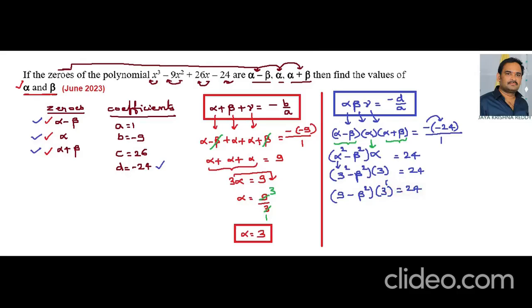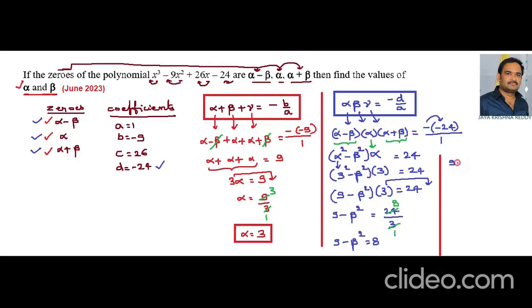Let us transport this 3 to the right hand side. So on the left hand side, 9 minus beta square is there, equal to 24 on the right side. Now 3 is multiplying on the left side, so by transporting it to the right side, it should divide 24. So 3 ones are 3 and 3 eights are 24. So we have 9 minus beta square equals 8.